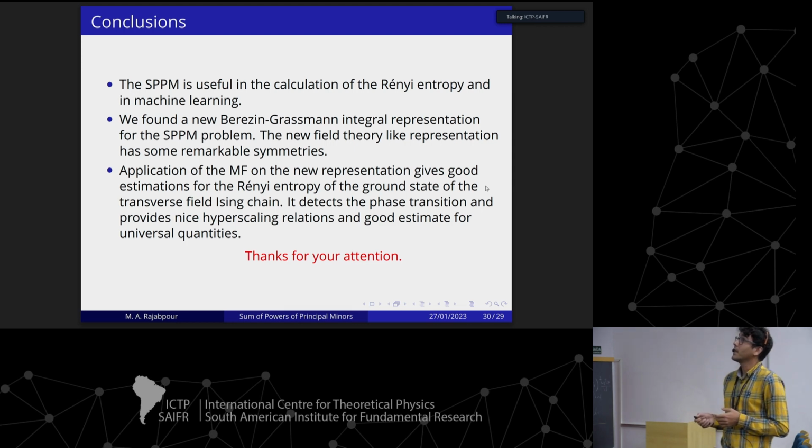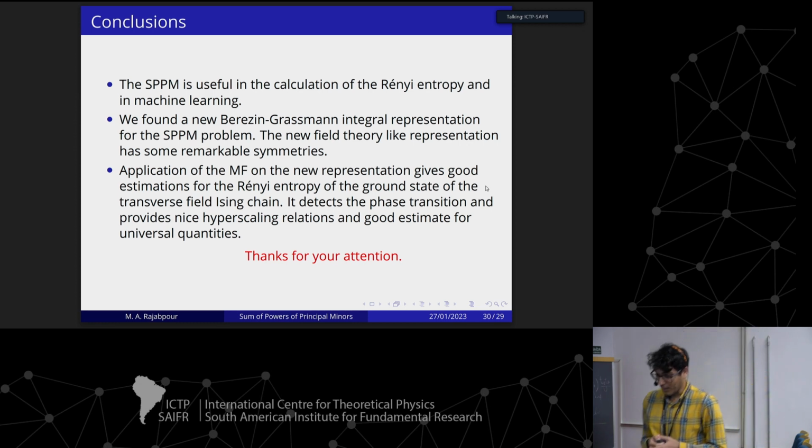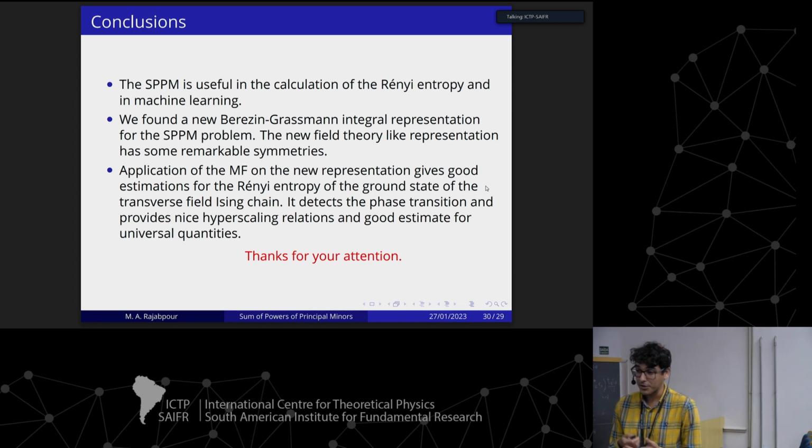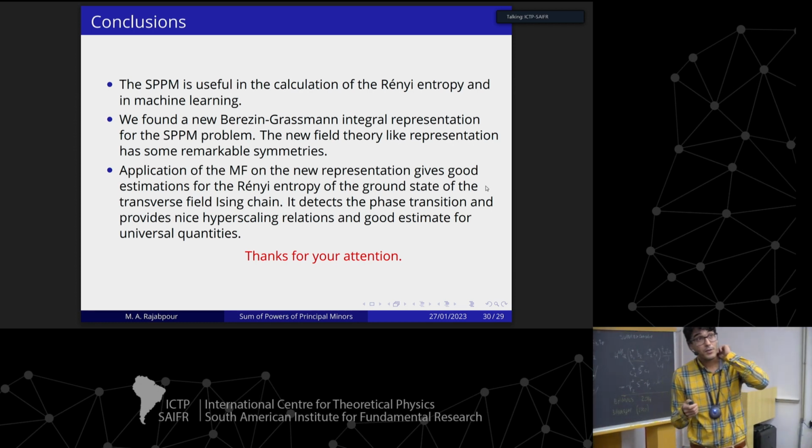Yeah, so the mean field, I just showed you one example of the mean field calculation, which was working pretty well to calculate the Rényi entropy of the ground state of the transverse field Ising chain. Of course, there are a lot of questions, like, is it possible to use this machinery to, for example, go to n equal 1, which is the Shannon entropy?